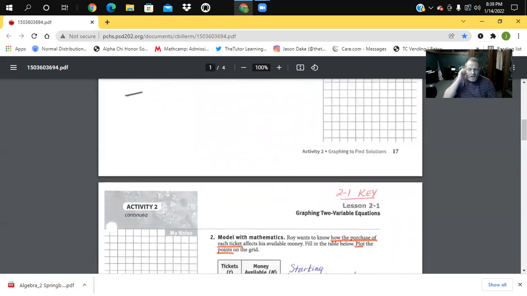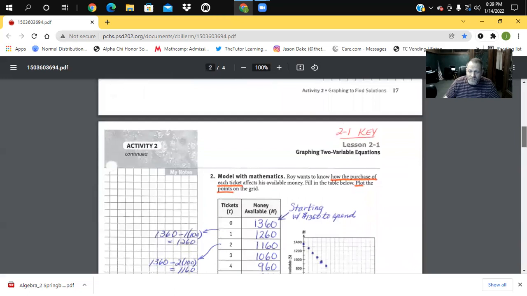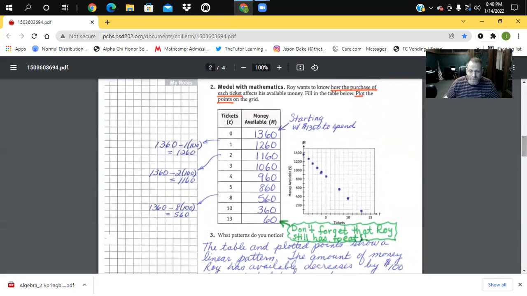All right. Number 2, Roy wants to know how the purchase of each ticket affects his available money. Fill in the table below, plot the points on the grid. So we're starting with the $1,360 to spend. Look at the chart on the tickets on the left.